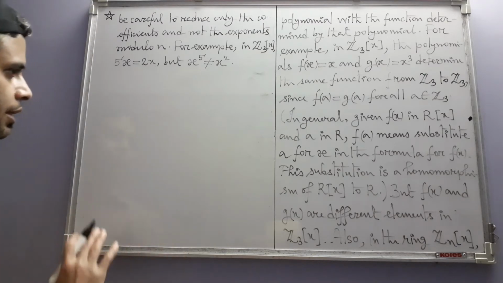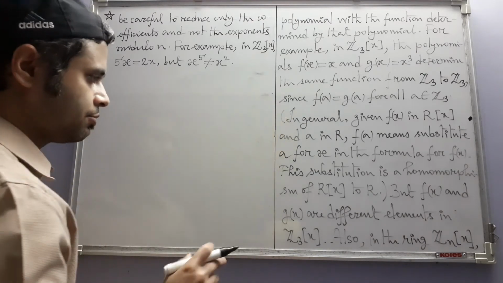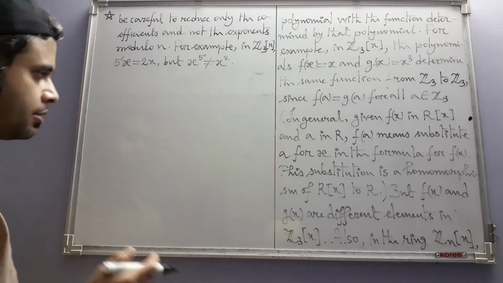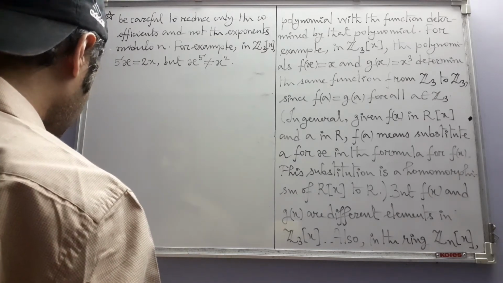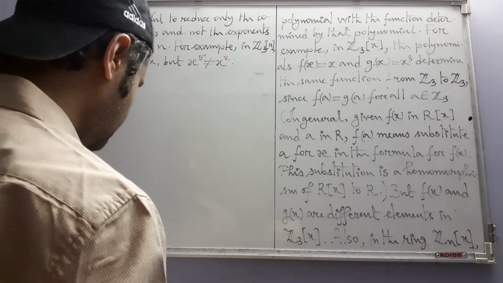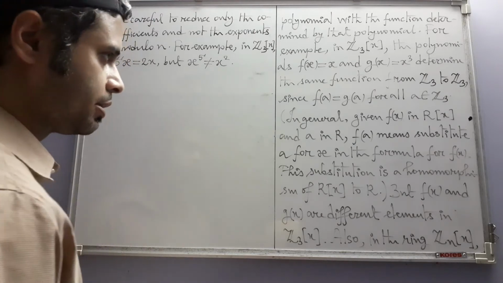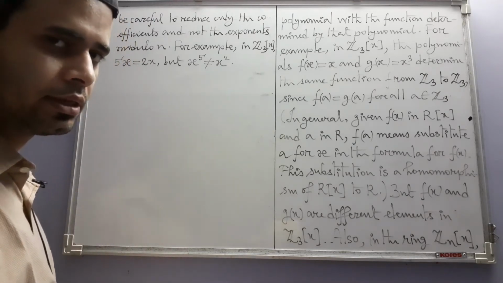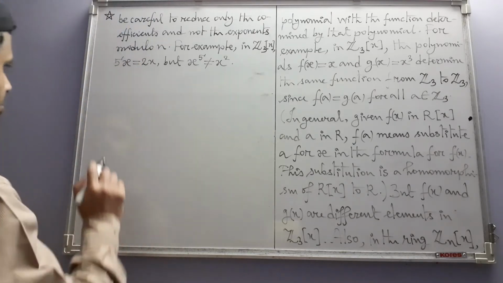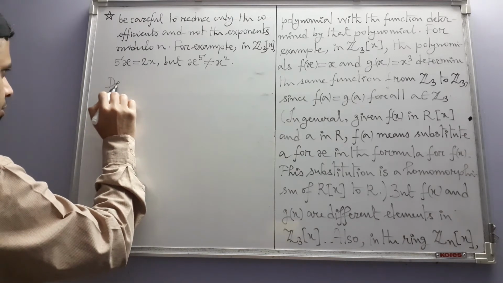Okay, now we come to the question of the addition and multiplication in this ring. To make R[x] into a ring, we define addition and multiplication in this set in the usual way, which however is presented as a definition here.